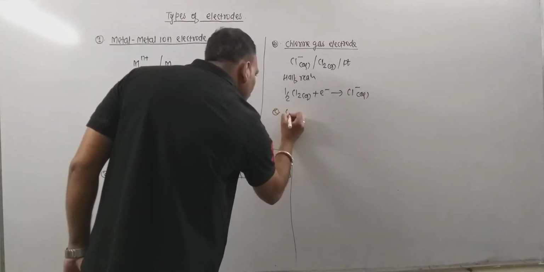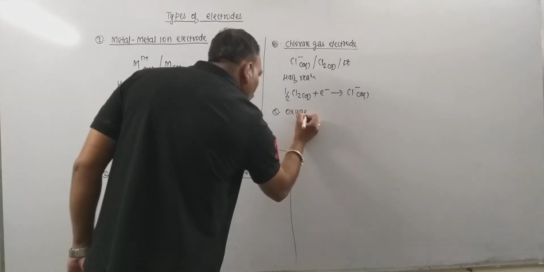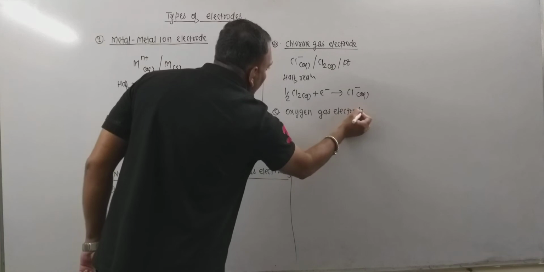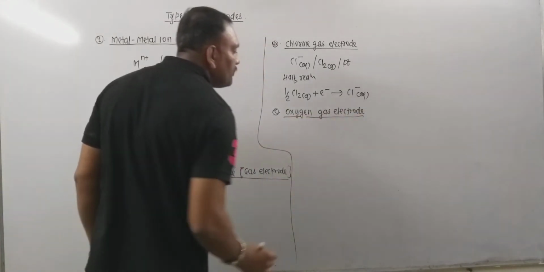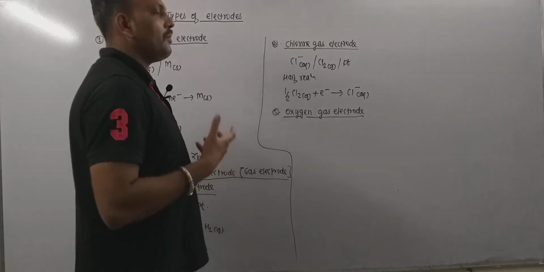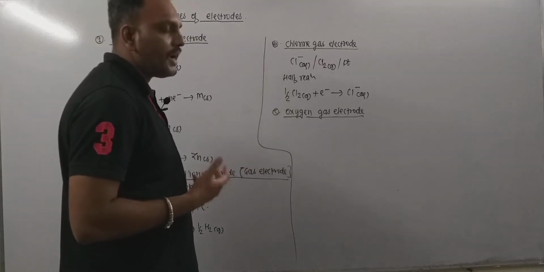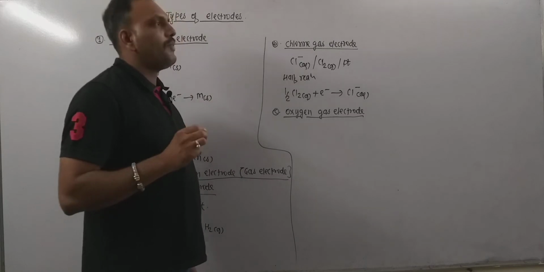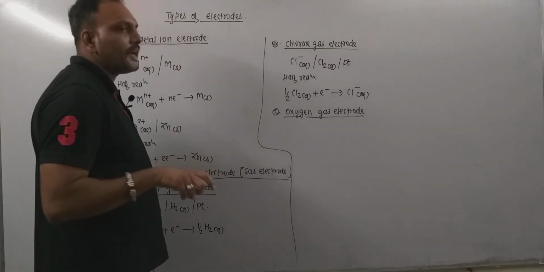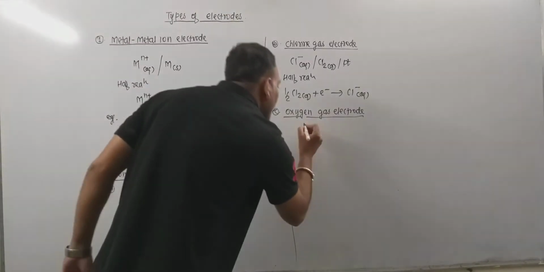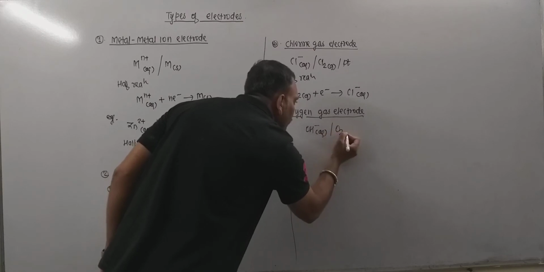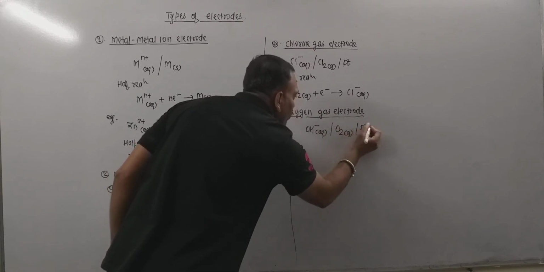Now, another familiar example is the oxygen gas electrode. This electrode consists of a solution which contains OH- ions and platinum as an inert, so we need to bubble oxygen gas in that solution. The electrode so obtained can be given as, so this is the formulation of the electrode.